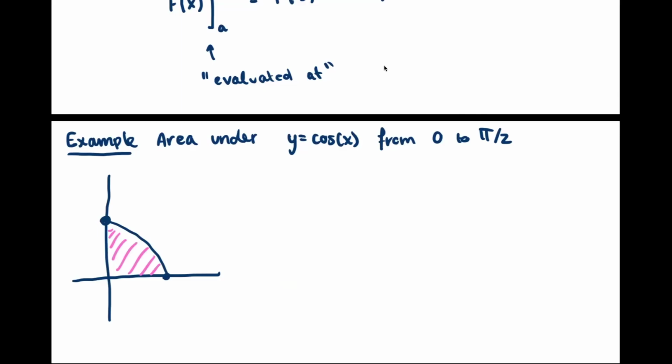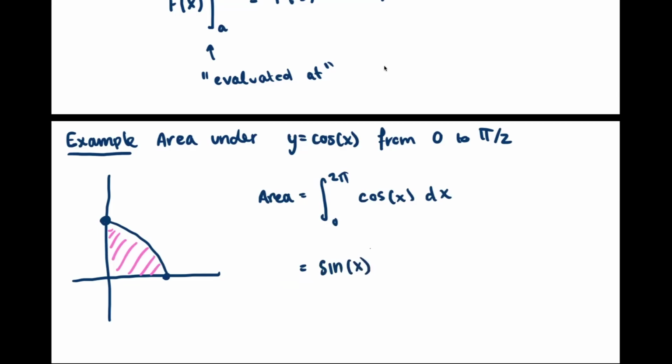Okay, so let's calculate it. This area is computed by the integral from 0 to pi over 2 of cosine x dx. So what's an antiderivative for cosine x? Yeah, so we'll have sine x.